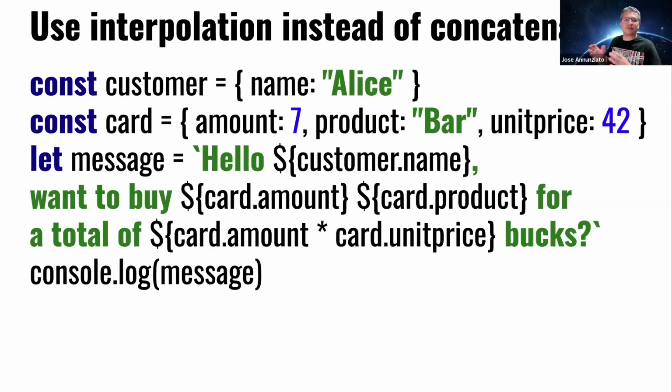String interpolation is, again, another very powerful feature that allows you to manipulate and work better with strings. It introduces a new quotation mark. The ones you're more familiar with are either single quotes or double quotes. So this one introduces the backtick as a quote.